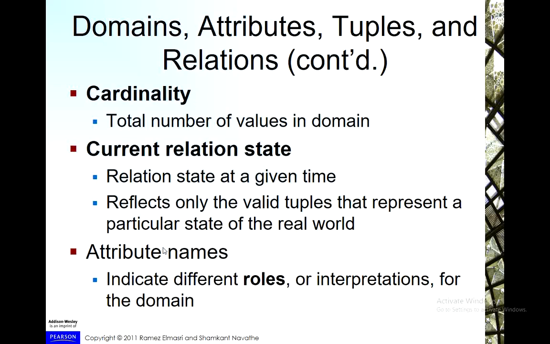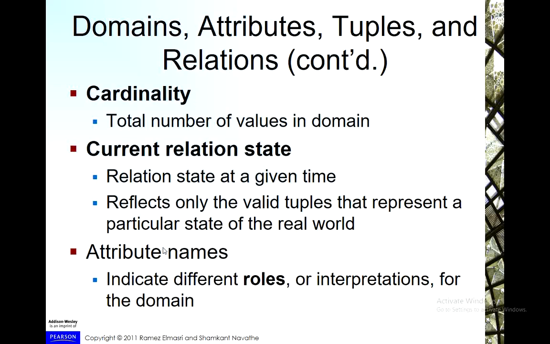For example, if we have a football team, and we have the relationship between a team and players. Players is an entity, and a team is an entity. So the cardinality here, we say every football team has 11 players.